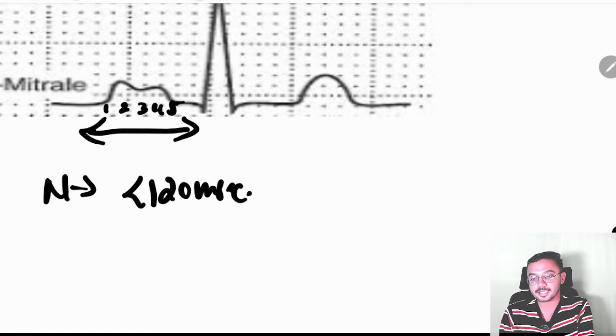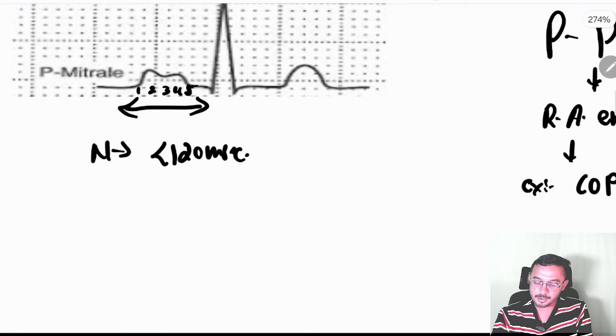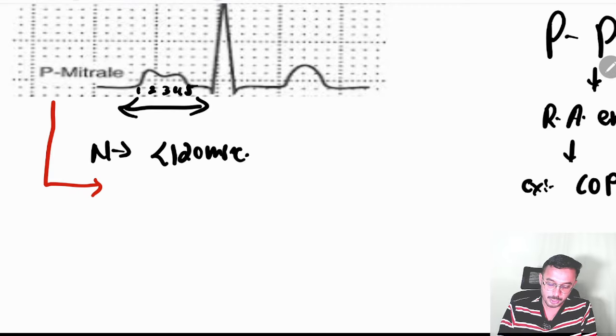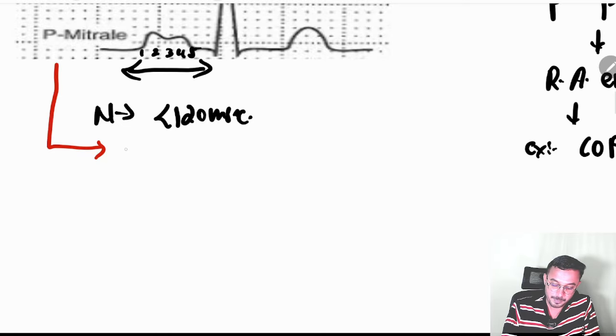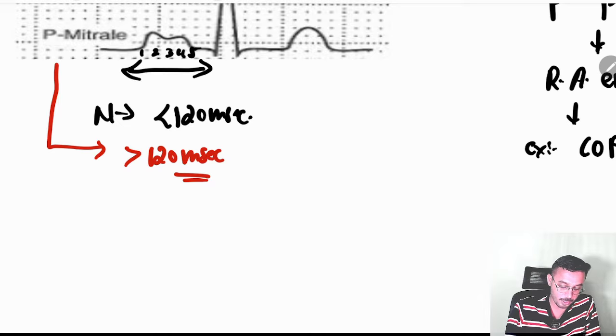It is going more than 3, right? So the breadth is more. And if you look at this wave, it looks M shaped. This is P mitral. The abnormality in P mitral is the duration of the P wave, the breadth of the P wave, which is greater than 120 milliseconds.